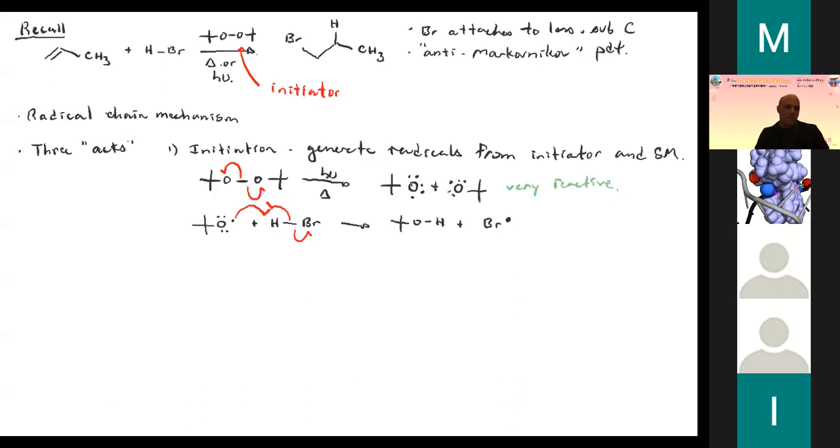In the second act, we have the propagation events. And these are the steps of the radical chain process where the starting materials actually get converted to product.